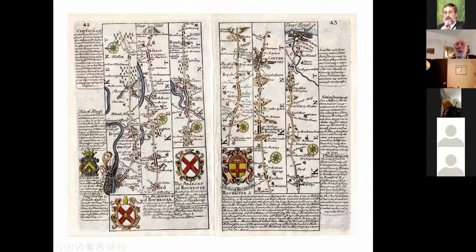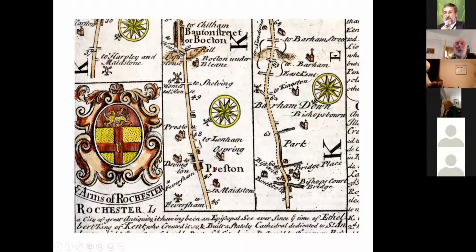So the bit I'm showing here is the bit that interests us. This is Watling Street between Sittingbourne and, I'll show that in more detail. Here we are, Preston and Bourton. And again, we can see spellings we find very odd now.